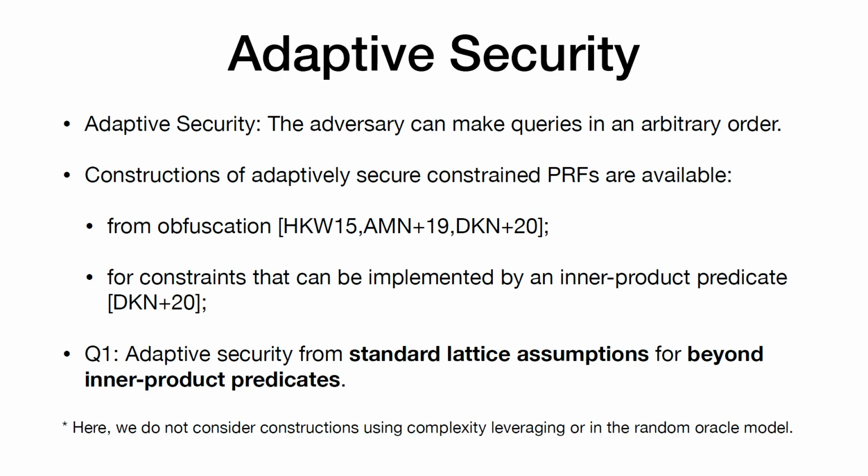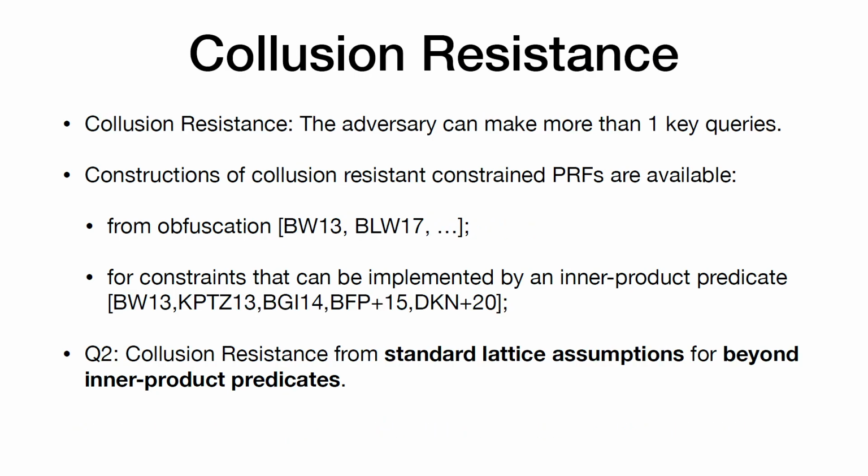But if you somehow don't want to use obfuscation, for example, if you hope to have post-quantum security from standard lattice assumptions, then the only constraints that you can support are the constraints that can be implemented by the inner product predicate.